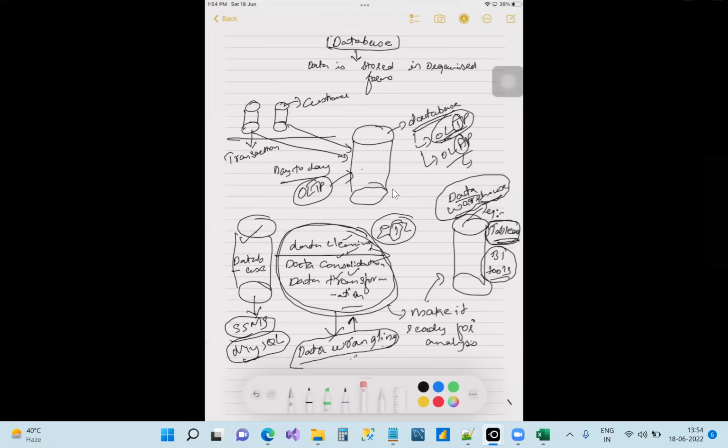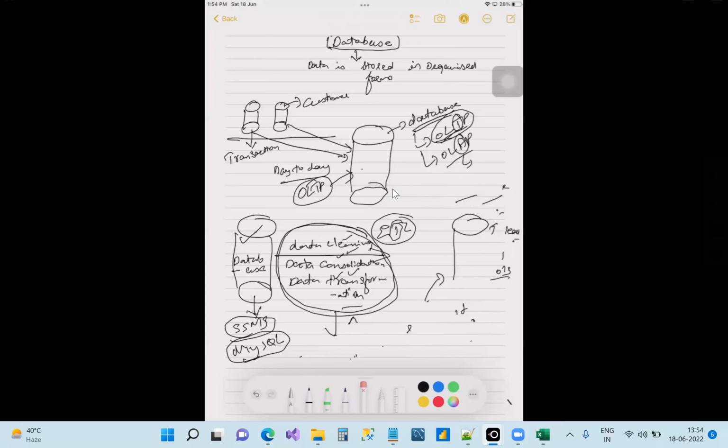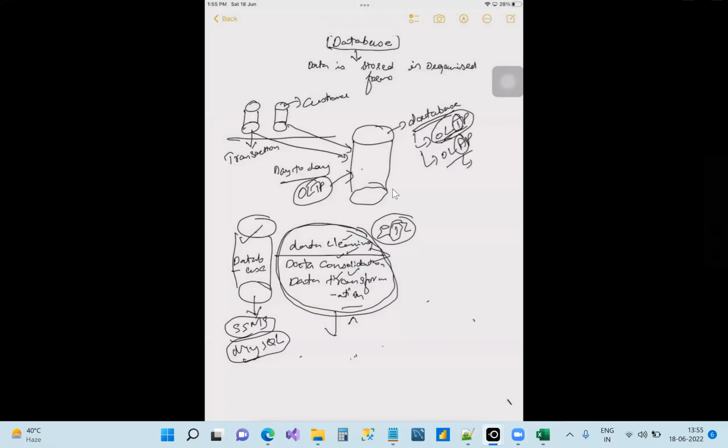Did you get the difference between data wrangling, data warehouse, database, OLTP, OLAP, all these concepts? Because these concepts are very, very important. Anyone has any doubt till now? No doubts, right? Yes or no? The full form of ETL: extract, transform, and load.